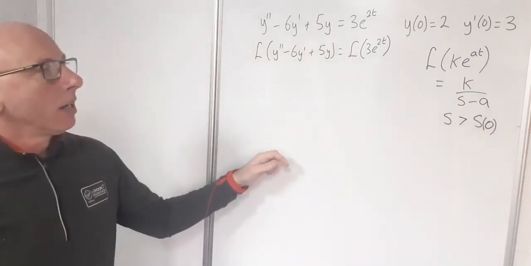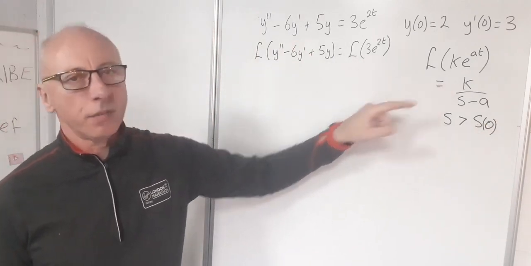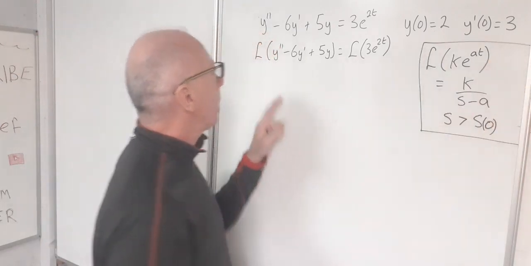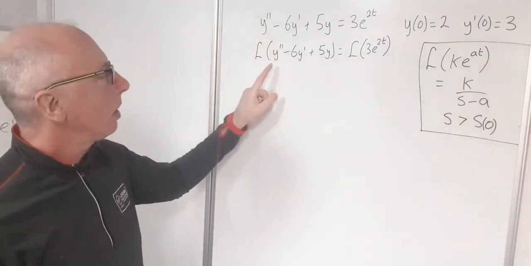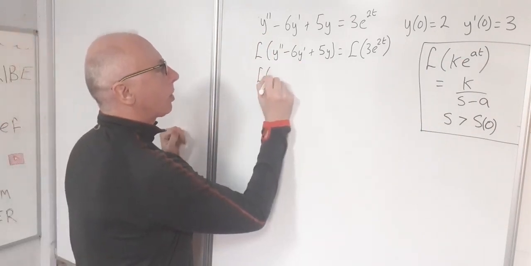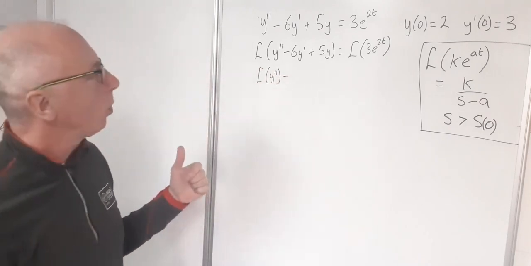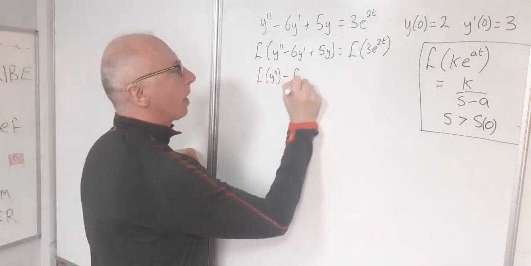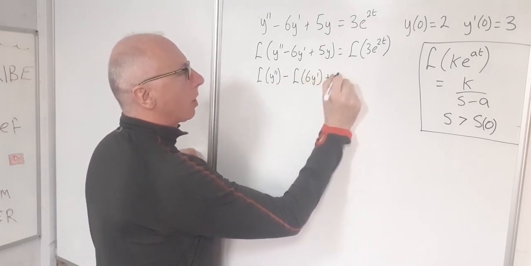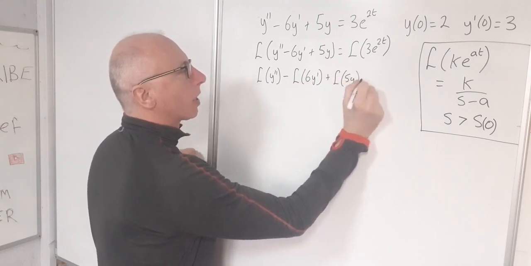Okay, right. So we can transform that straight away into this kind of format. So that'll be fine. So we can take care of that. And then we can break these down individually into individual Laplace transforms. So let's take care of that. So I've got Laplace transform of y double prime, so that's the second derivative of our function y, minus the Laplace transform of 6y prime plus the Laplace transform of 5y.